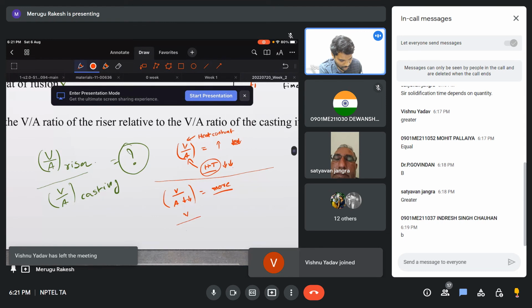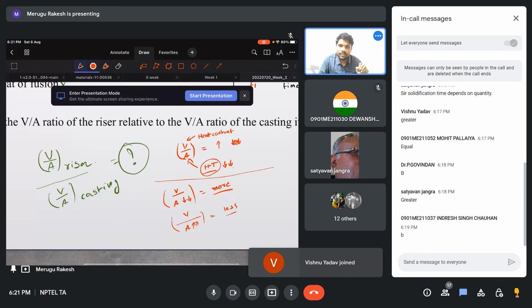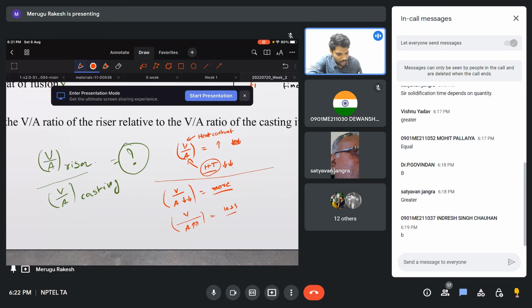Similarly, if the surface area is more, the total value will be less. I think you are getting my point. If the surface area is more, keeping the volume the same, I'm not changing the volume, just to explain to you, the value becomes less.